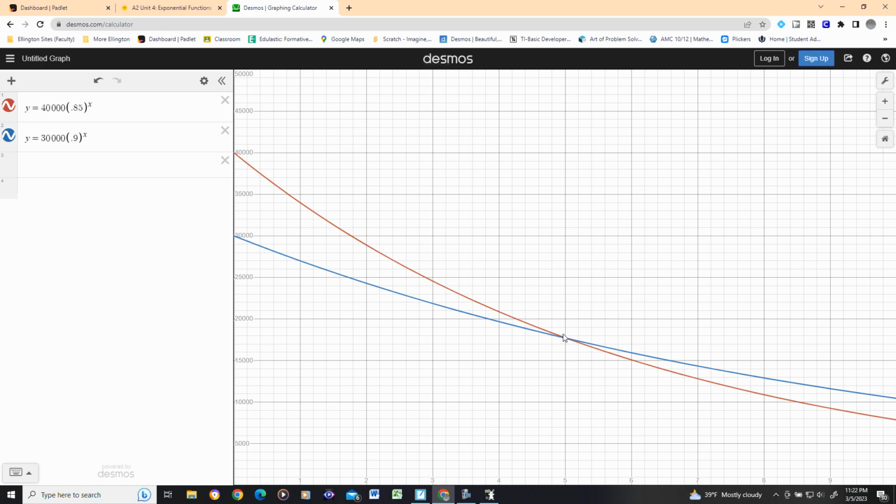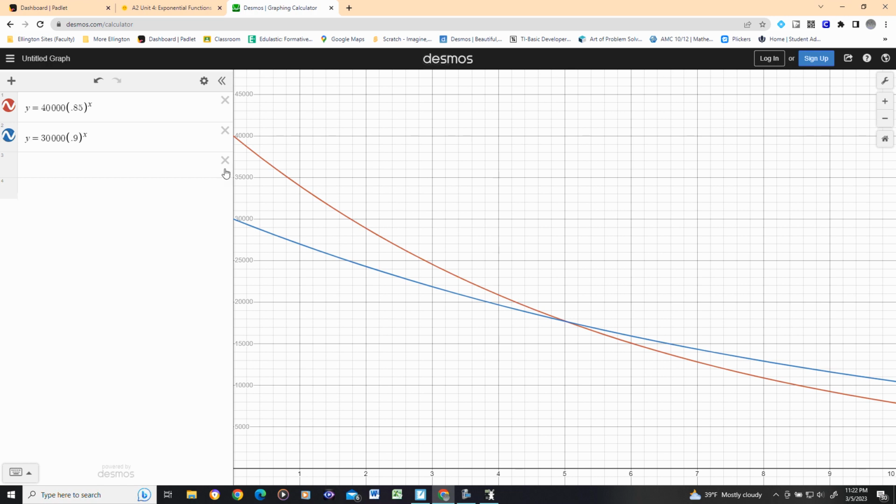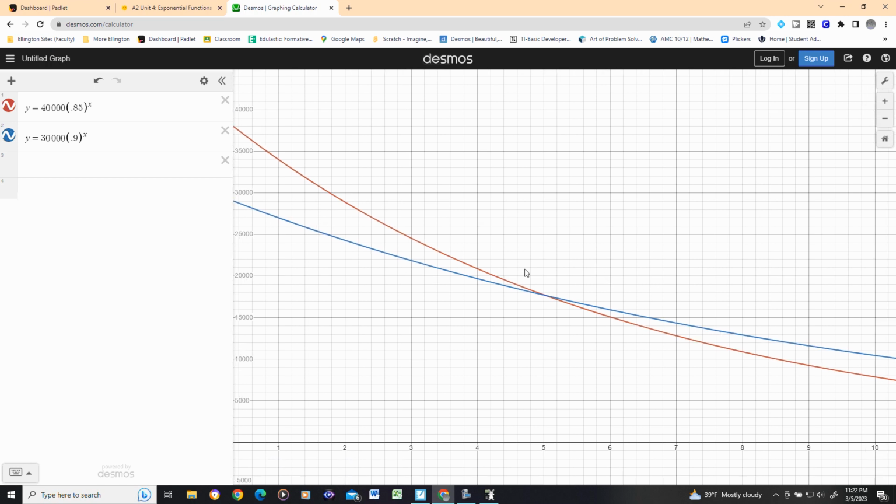Okay, hey, and it looks like they have a nice little crossing spot right there, right? So in this particular case, the first van had a higher purchase value, but pretty quickly it depreciates to lower than the second van, because the second van retains its value better over time.